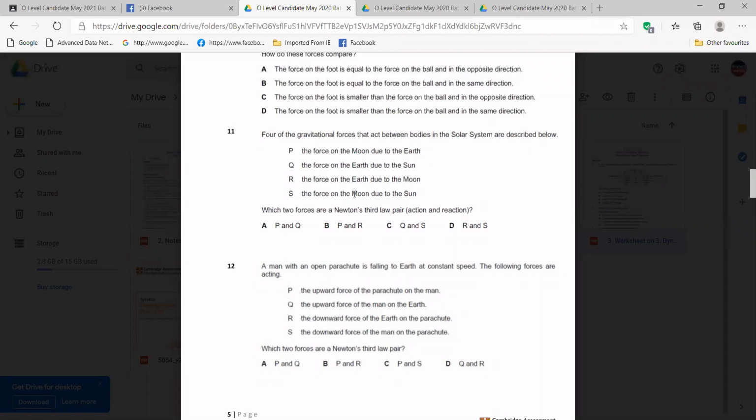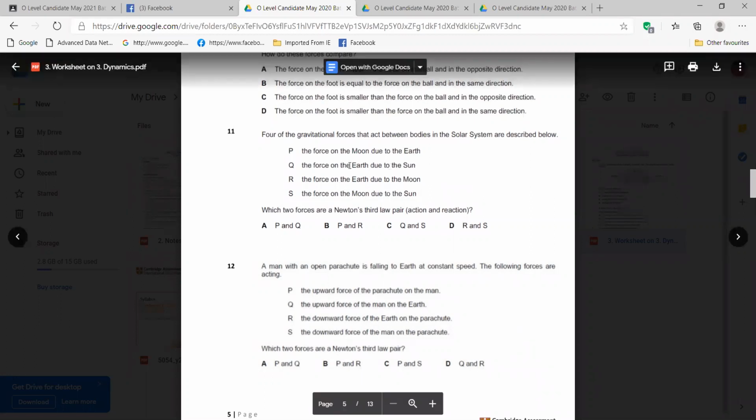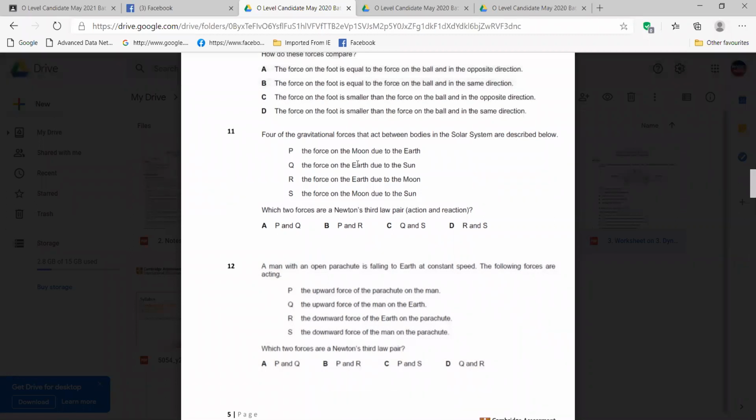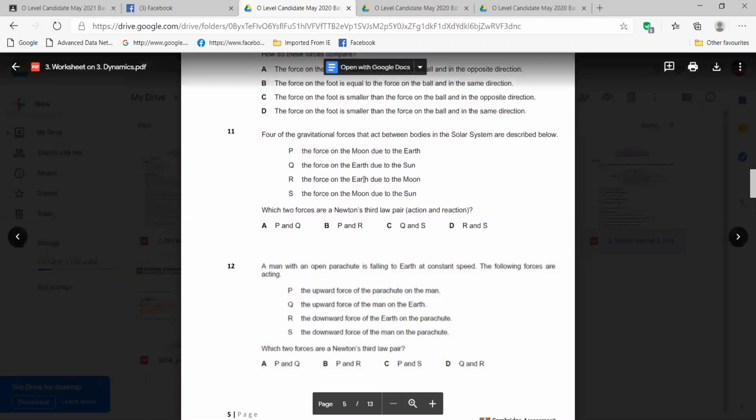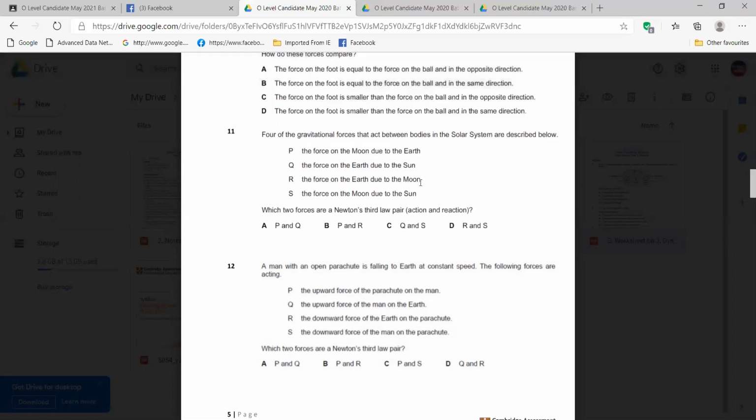So these two are not matching, right? The sun is working with the moon and the sun again is working with the earth, so it's not giving us action and reaction force, right? But here we got moon, earth. Again we are getting earth due to the moon. So we are getting action and reaction force, a pair force. So yeah, P and R.